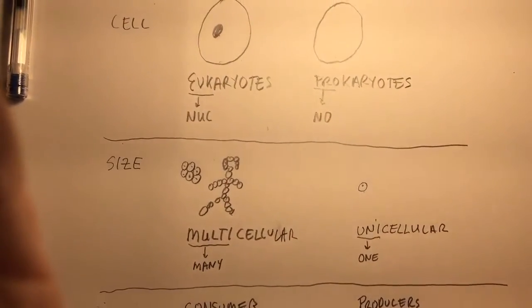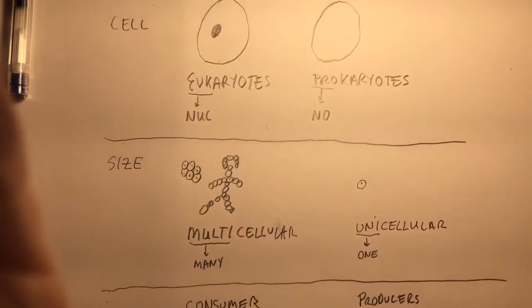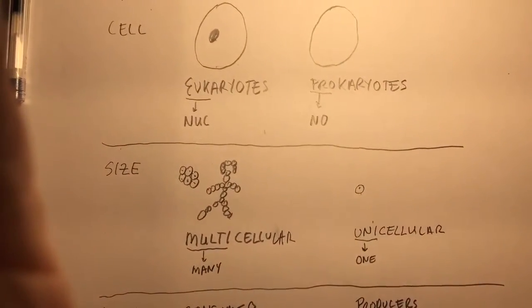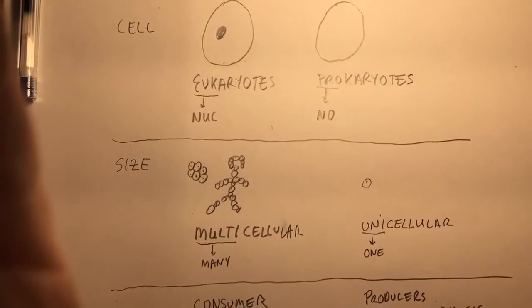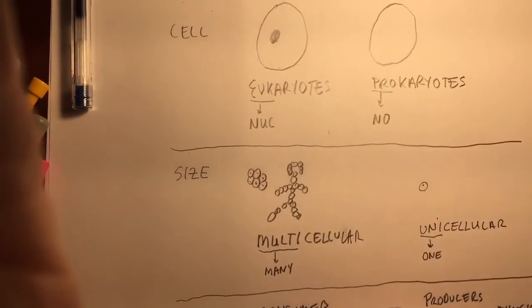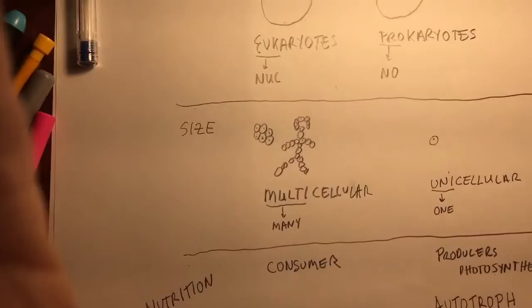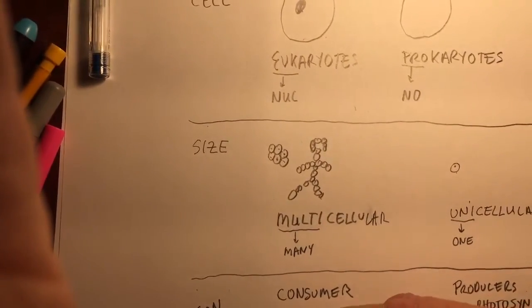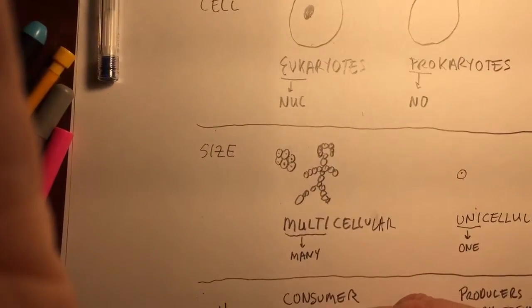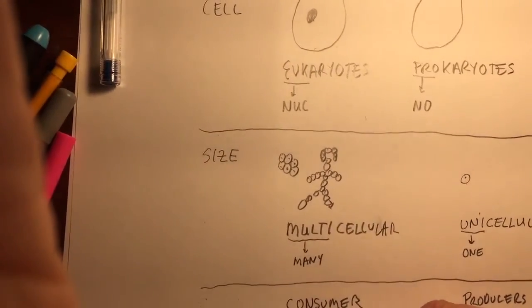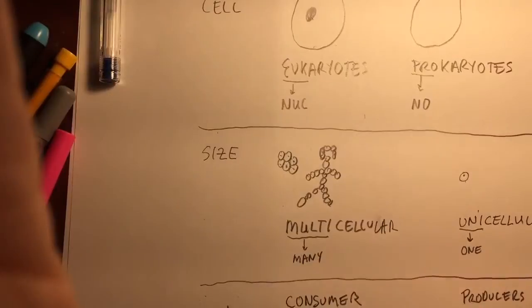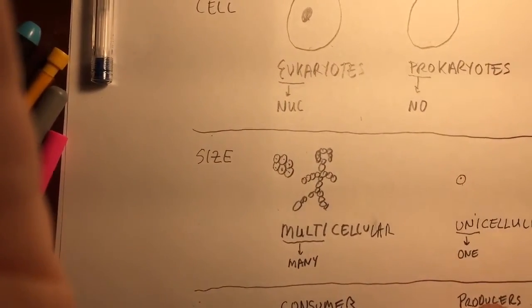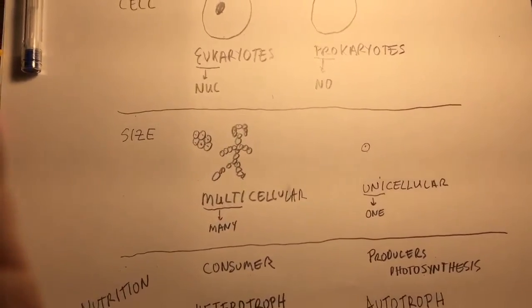But in this case, it's autotroph, which means troph means to eat, so it basically makes its food itself. Consumers, which we know have to catch their own food, they are other eaters. So we use the word hetero, which means other, and troph, which basically has something to do with nutrition.